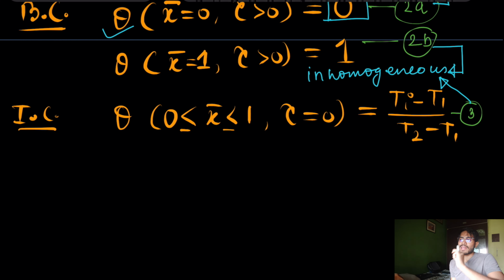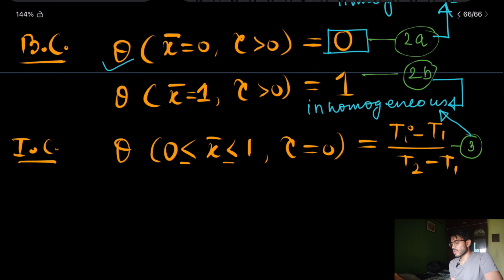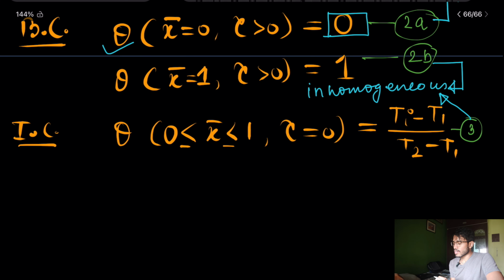to apply the method of separation of variables, you must have only one inhomogeneous equation. So in this description of the problem, how many equations do we have in total? Two boundary conditions, one initial condition, and one governing equation.